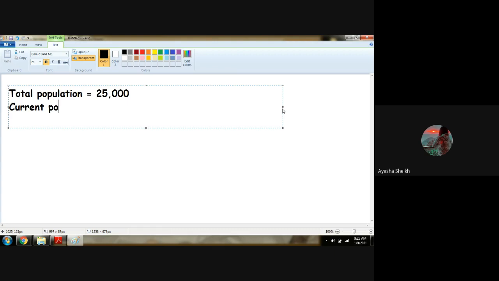Current population is equal to 24,500. So can we say it is decreasing?